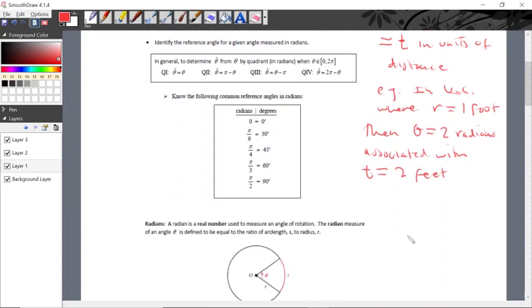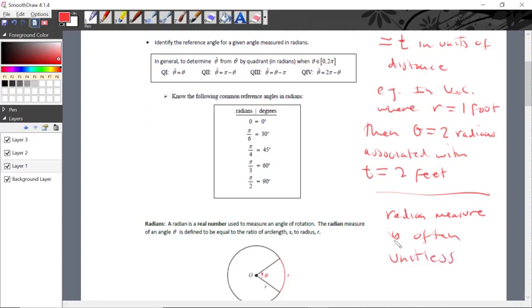Then oftentimes, the radian measure of an angle can be a unitless measure. So radian measure is often going to be unitless. That is, written without any units.